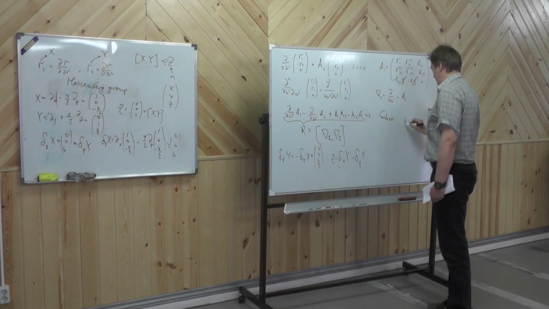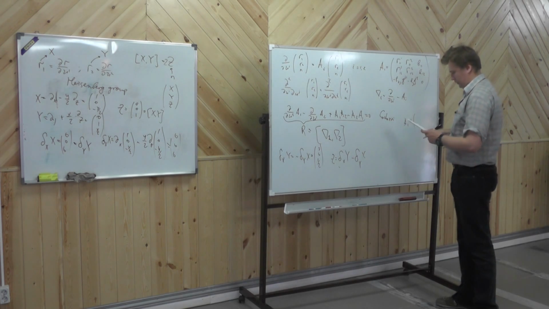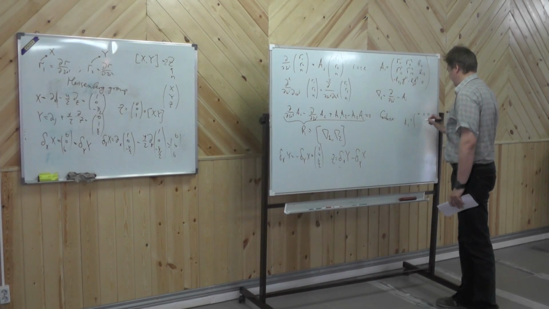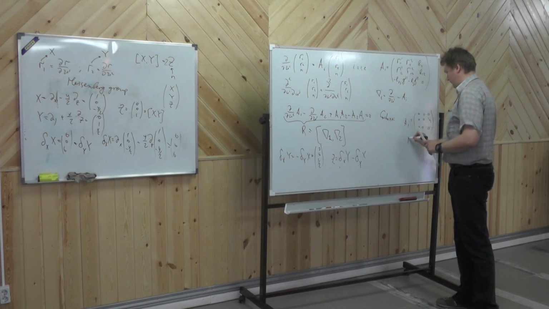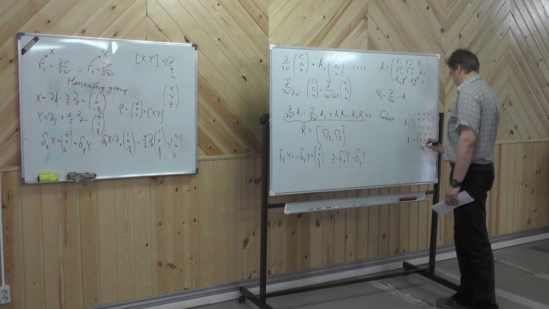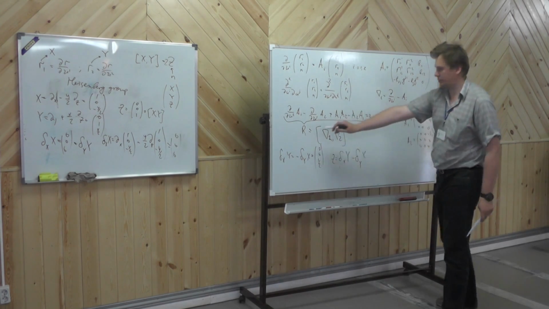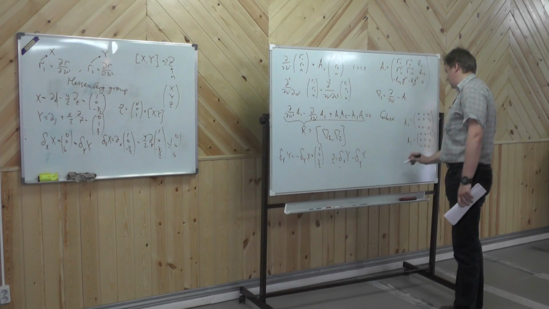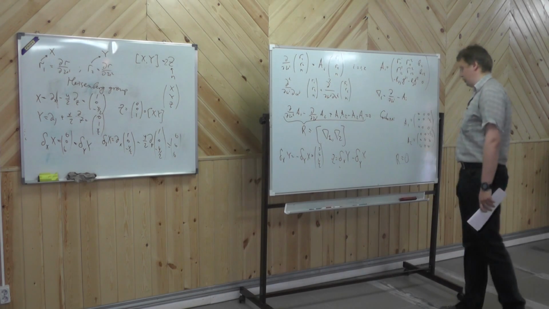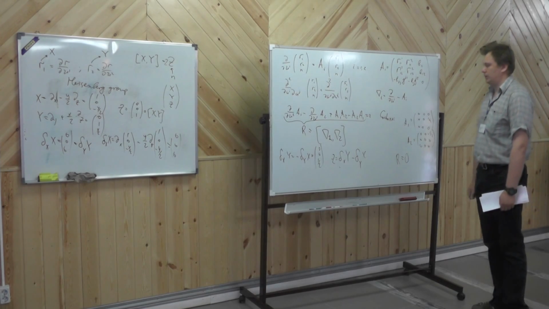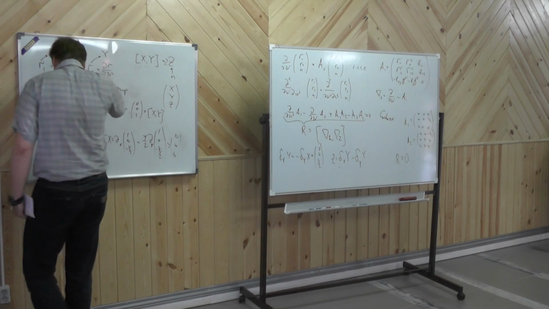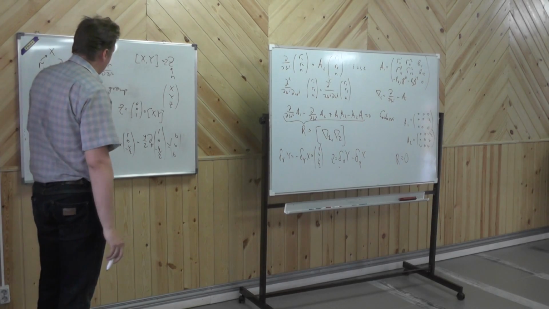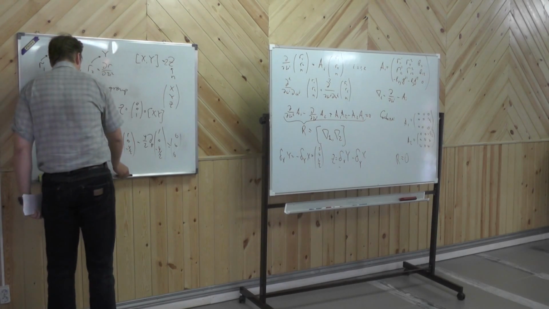The first one will be A1, almost all zeros, and A2 will be 0, 0, minus 1 half, 0. And this quantity R, if you put it down, it will be 0. So, of course, this example is not very interesting because almost everything is 0.